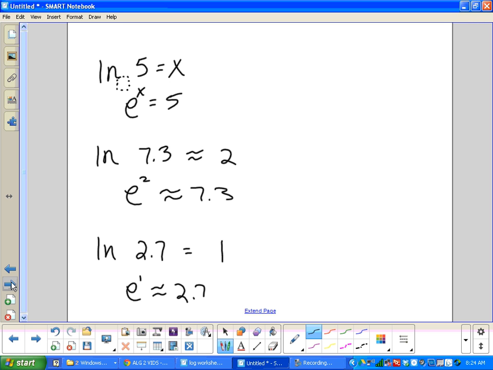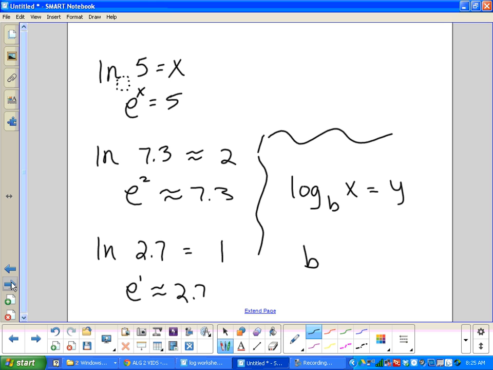Now, I'm going to recap this video, and I know I'm probably boring you with this, but this is so fundamentally important that we understand the definition of a logarithm. The definition of a logarithm says if I have log base b of x equals y, then b raised to that y power is equal to x.